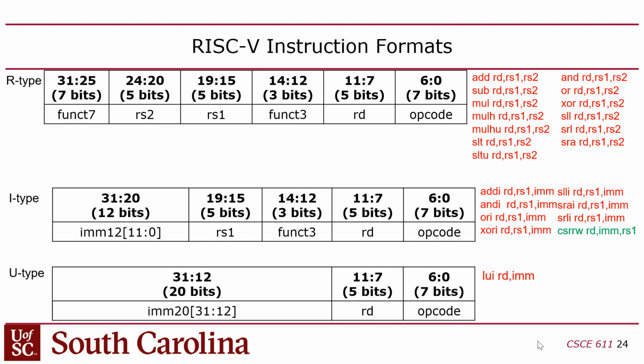Okay, then there's the I-type. Now this one is also different from MIPS. You remember in MIPS there was a 16-bit immediate. In RISC-V they only have a 12-bit immediate. Why? To me that seems more limiting. Only having 12 bits.